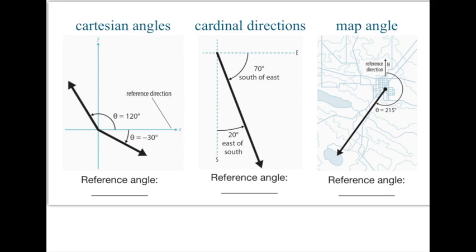So in this case, if I were to look at the 120 degree angle, my reference angle would actually be the angle that's made from this point down to here. That would be my reference angle. So your reference angle is always going to refer back to that 180 degrees, which is over here, or your 360 degrees over here, okay?